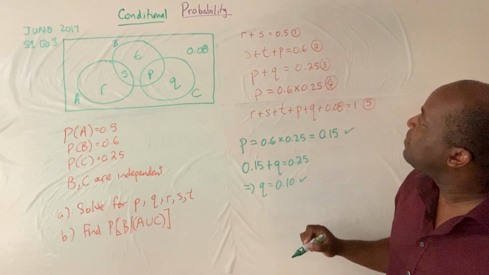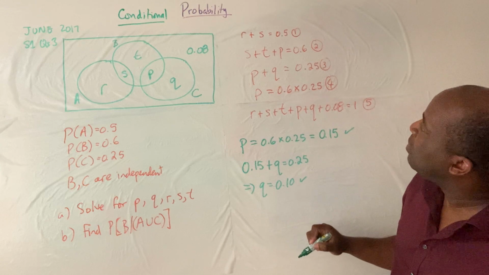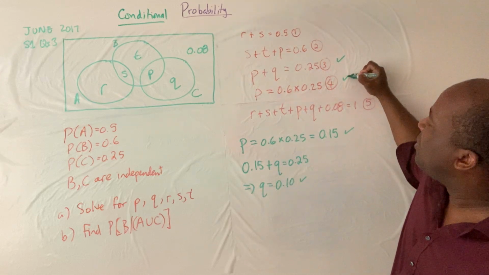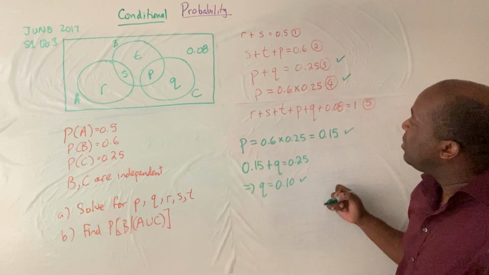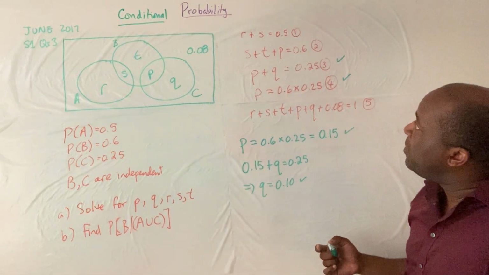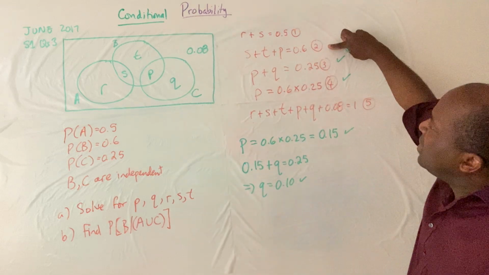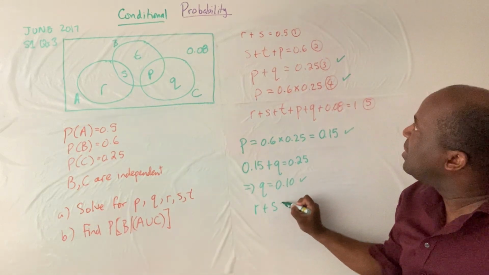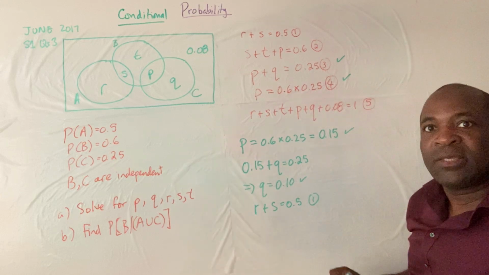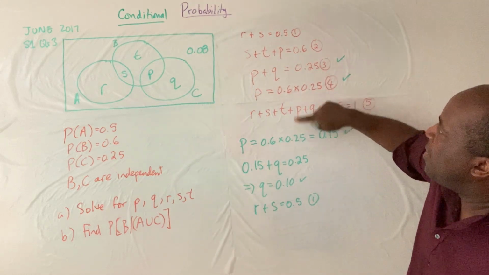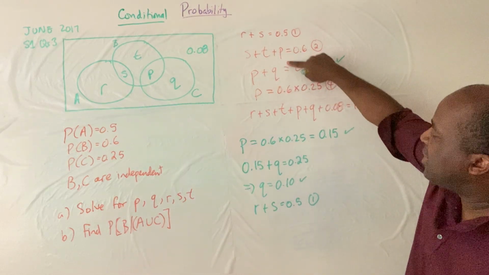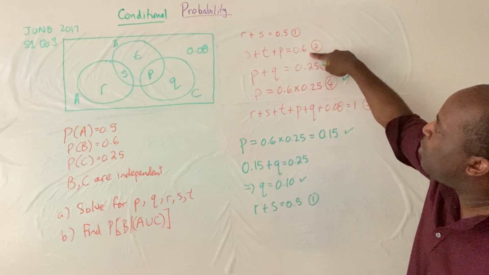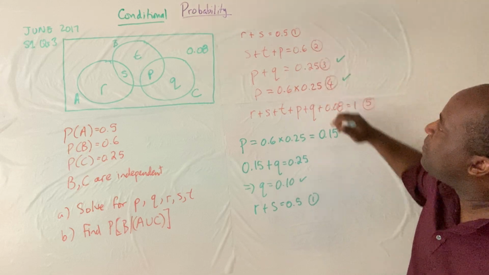So I have P and I have Q, and we can look to now solve for another unknown. Okay, so where are we going to go from here? So let's simplify the other remaining information. I still know that R plus S is equal to 0.5. So that's still known. Now, I know what P is. P is 0.15. I can carry it over here and get 0.6 minus 0.15 to be 0.45.